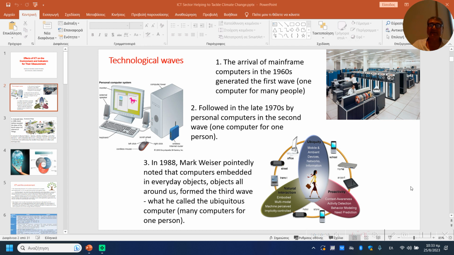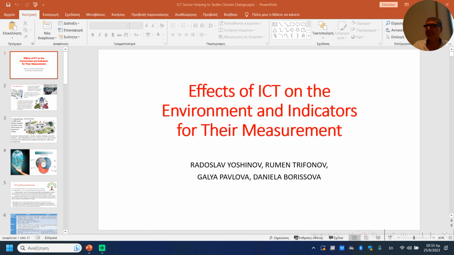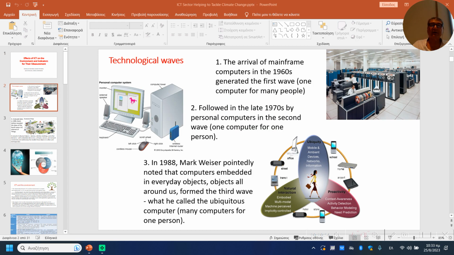The first thing I want to show to the public is a little bit strange classification. Usually the classifications are according to processors, according to technologies and so on. I want to make a classification according to the links, logical links between computers and users.